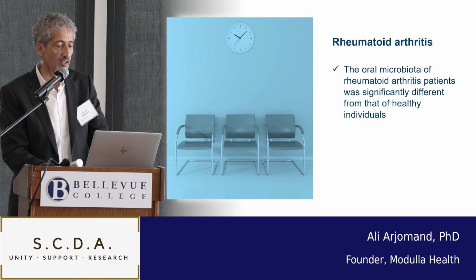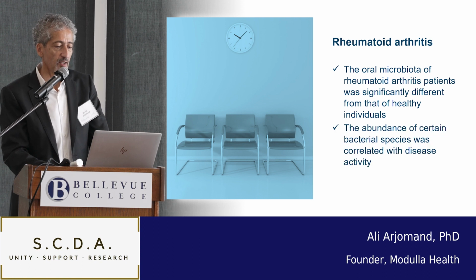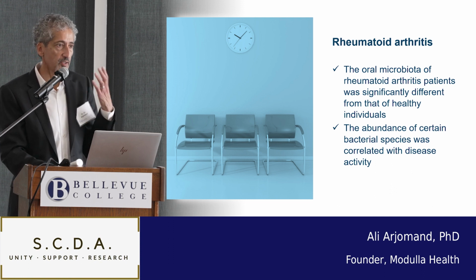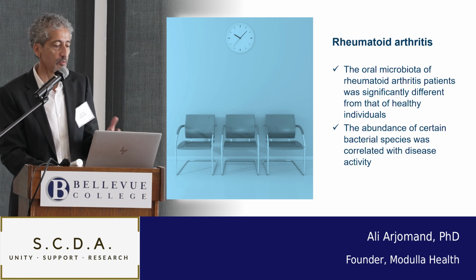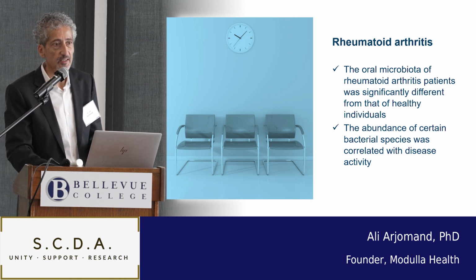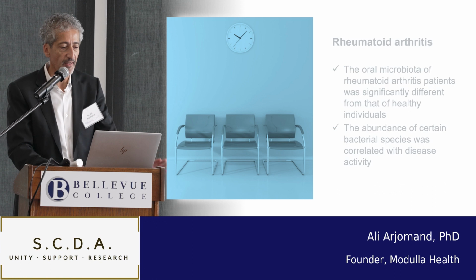Rheumatoid arthritis. Again, the oral microbiota of rheumatoid arthritis patients is significantly different than healthy individuals, and the abundance of certain bacterial species is actually correlated with disease activity. So some shifts in the oral microbes going out of whack increases rheumatoid arthritis disease activity, or you can call it a flare.